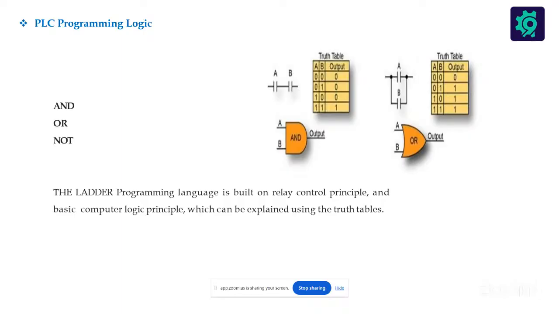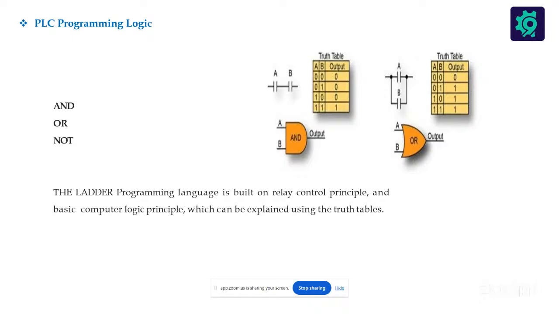Today, we are going to be concluding module 2 with the concept of sinking and sourcing, and what that means for wiring your devices to the PLC.